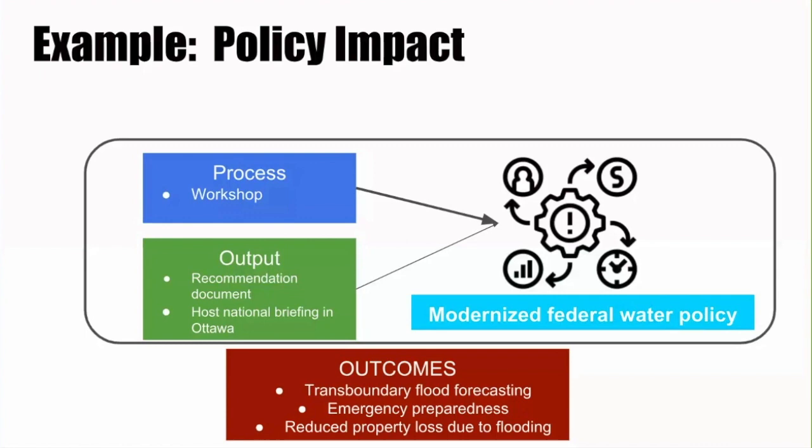So we've all come together, and our process is to work together in a collaborative to bridge and bring all these different types of expertise to the table. We came together physically in a workshop to talk about ways that Canada needs to reform federal water policy, and from our different backgrounds, what components would make better federal water policy, and what problems across the country could be solved or enabled by a modernized piece of legislation.